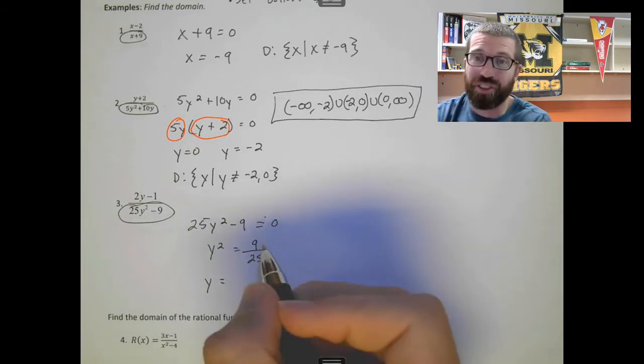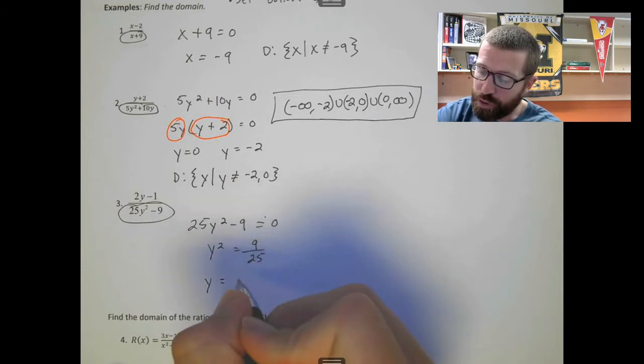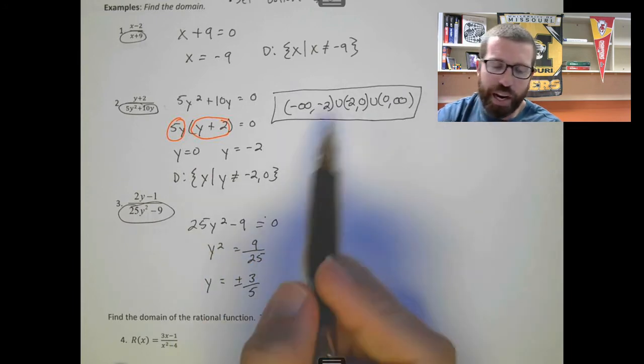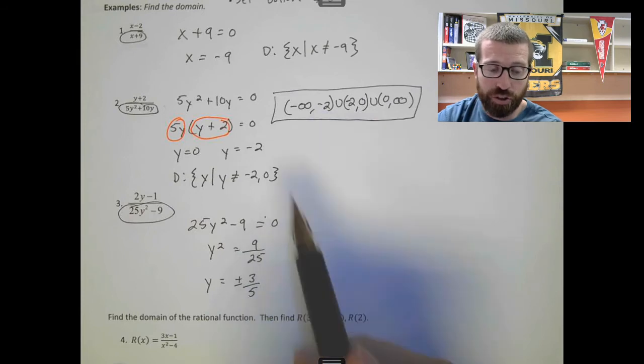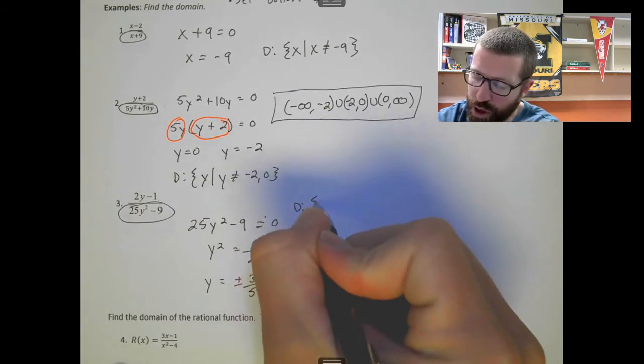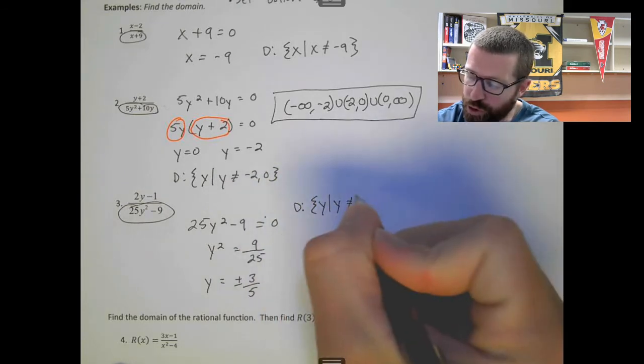And remember, there's a positive and negative answer here because we're squaring the equation. And so we have plus or minus 3 over 5. And so we can write it the same way we did up here with interval notation, or this is called set notation. We'll write it both ways, just so you have that reference.